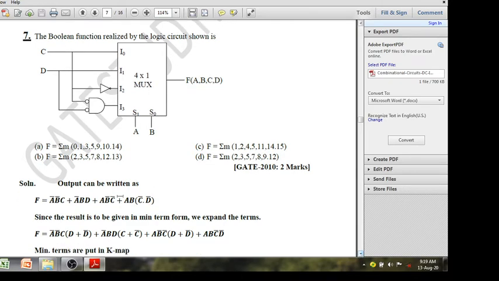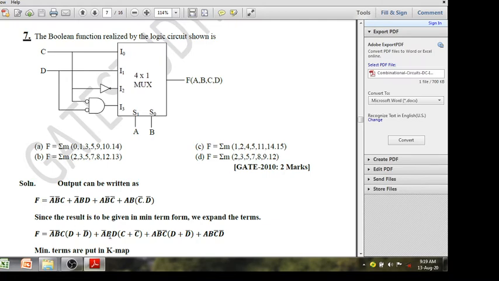When you put in the equation, A bar B bar C plus A bar D plus AB C bar D bar. Okay, now just convert it into standard SOP. Just multiply D plus D bar here, C plus C bar here and D plus D bar here.